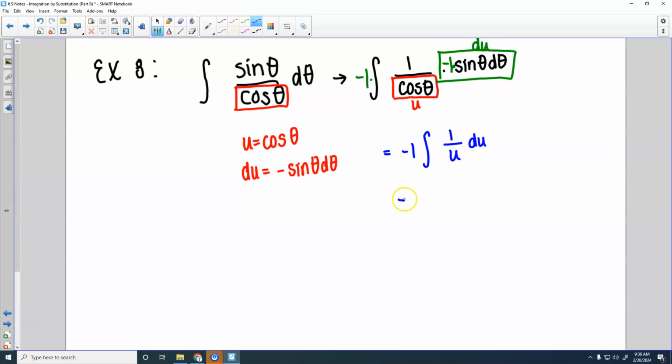Natural log. So we got negative natural log absolute value of u plus c. And then we are going to plug in our u, which was cosine of theta plus c. So the integral of tangent is negative natural log of the absolute value of cosine of theta plus c.